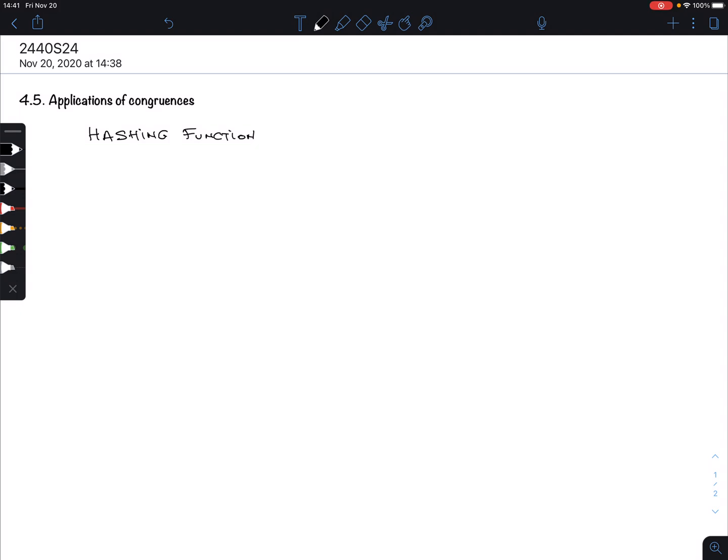When we're talking about cryptography, that's where hashing functions also come in. But here, the goal is not so much to obfuscate or hide the data, but to just compress it so that you can more easily access it.